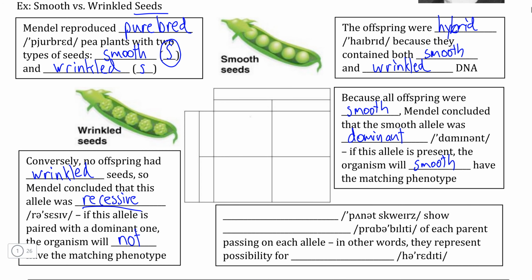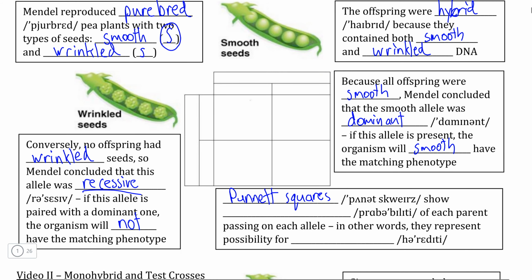And we can actually demonstrate this inheritance pattern using a tool that we call Punnett squares, and I can never remember whether Punnett has 2 N's or 2 T's, but I'm pretty sure it's actually 2 of both.